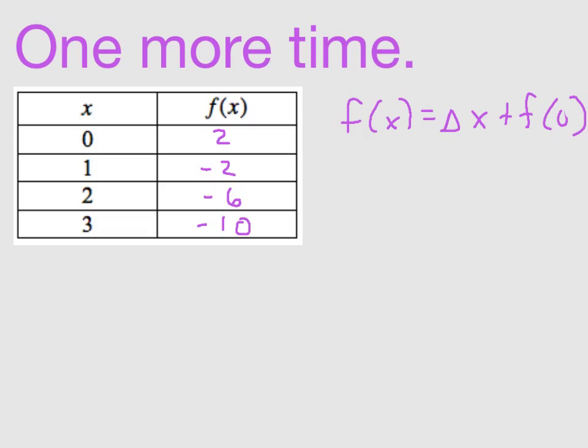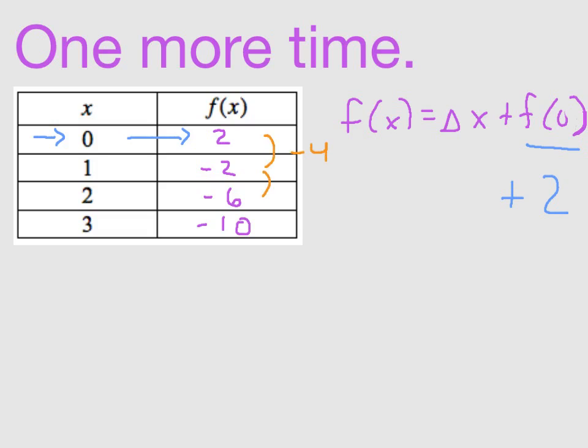Let's try this one more time before you practice. Again, I have filled the values in, and we want to start with f of 0. So I'm going to look right here, because that's where x is 0, and that takes me over to 2, so I'll put in the 2. Now I need to find the delta piece, so I'm going to come to the second column. 2 to negative 2 would be minus 4.